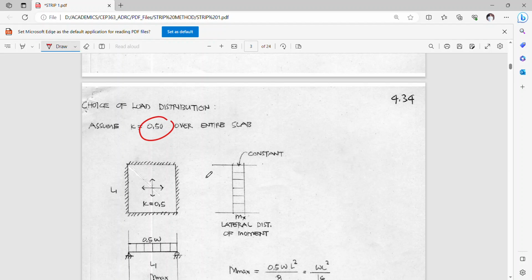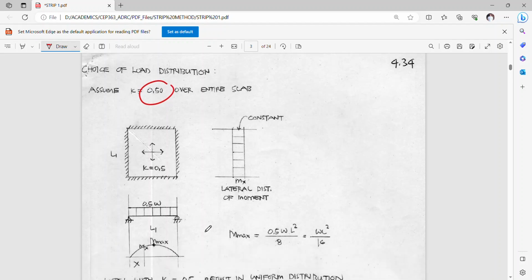Hence, if we are going to make use of an elastic analysis on the bending moment, we can say that this is simply a simply supported beam with load in each direction equivalent to 50% of the total weight on the entire slab.